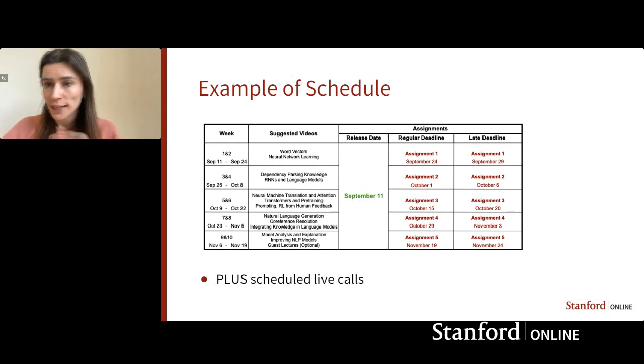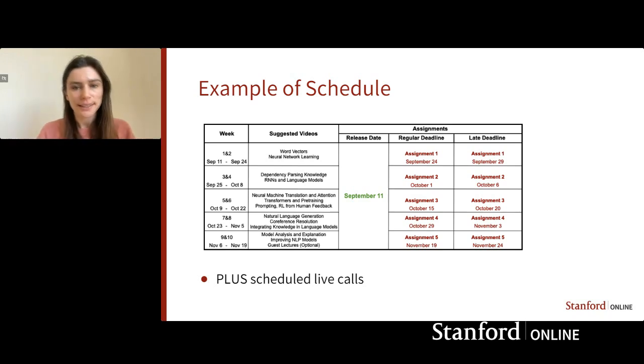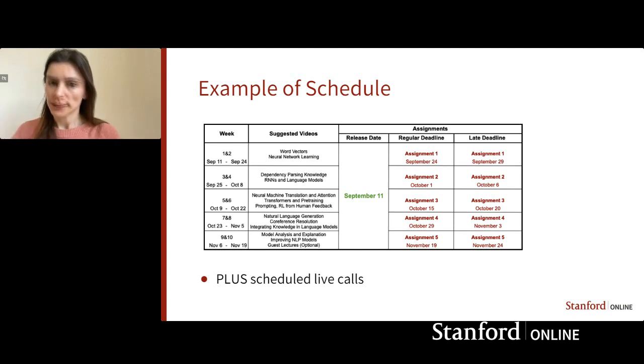You can work ahead or behind in case you need to travel, which is sometimes a little bit more challenging in the graduate course, but it really depends on the graduate course you are taking. So we are including this additional flexibility besides including more test cases and more autograder support for the assignments. And we are also scheduling live calls, and you're able to join one-on-one sessions with your course facilitator, basically the TA.